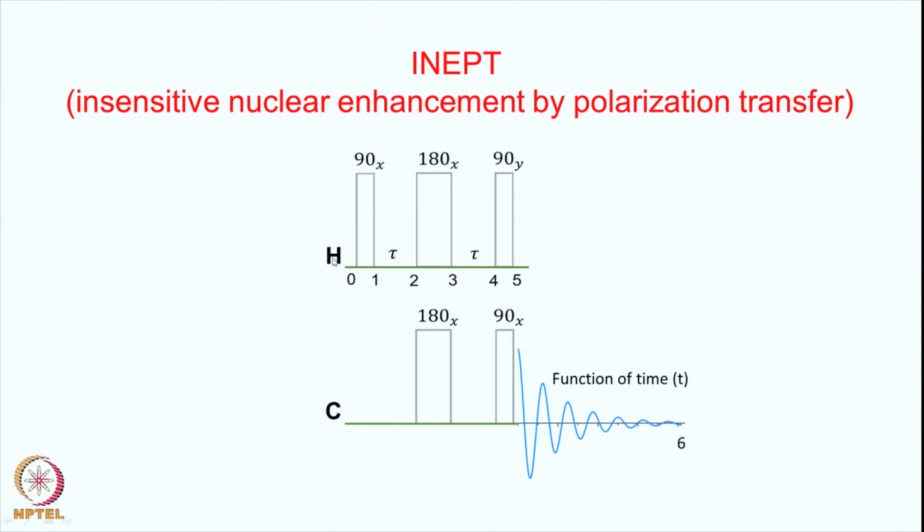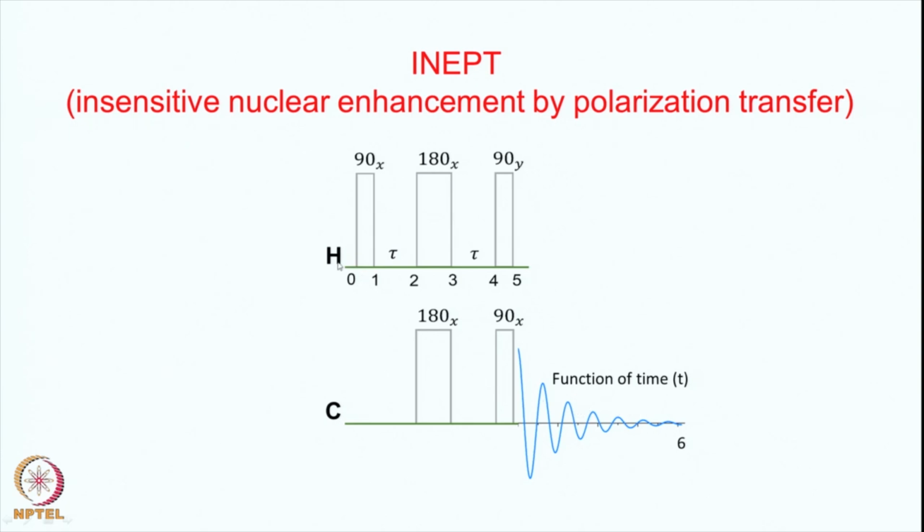So, here I will consider proton and carbon 13 to see how the polarization or magnetization gets transferred from the proton to the carbon, and we detect the carbon.